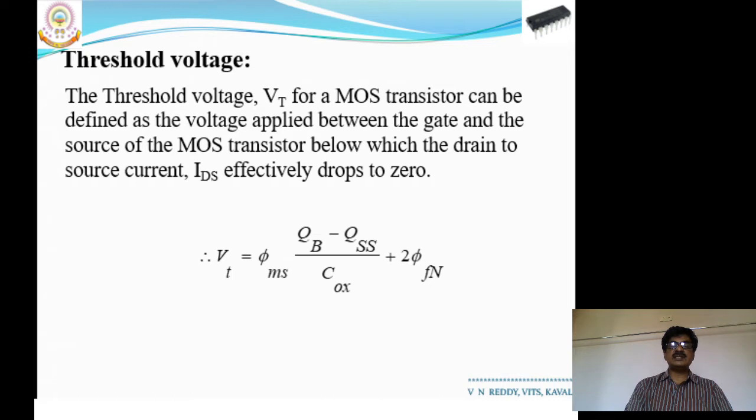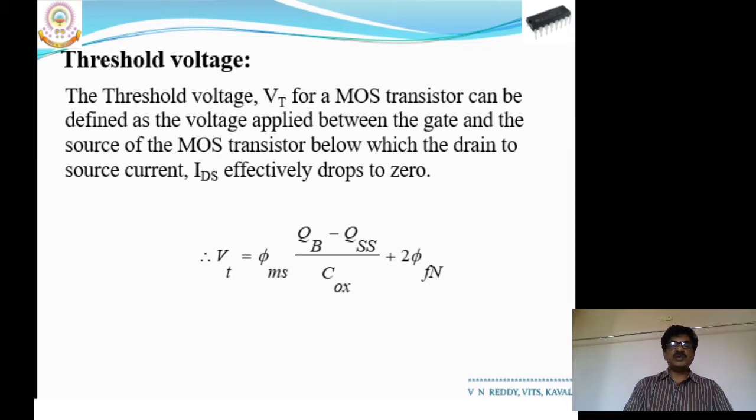Initially, when VGS is 0, that is no gate voltage, the current is also 0. But at a certain VGS voltage, the drain current starts to rise. Wherever that happens, that is called the threshold voltage.